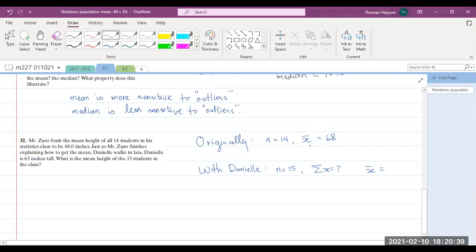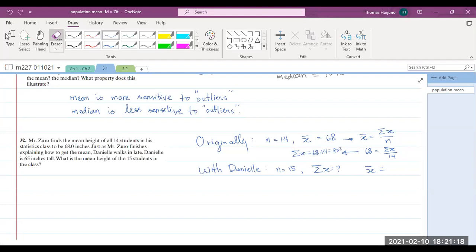Now we will get the sum this way. What is the original sum? We know that the sample mean is the sum over the count. So 68 equals the sum of x over 14, right? So the sum of the heights before Danielle came in is 68 times 14, which is 952.